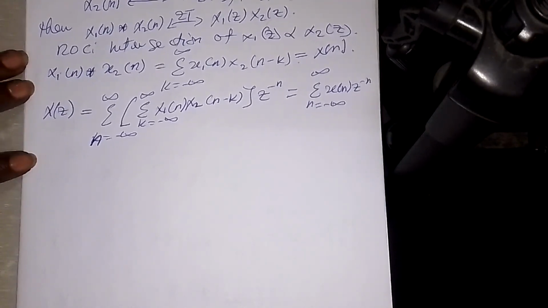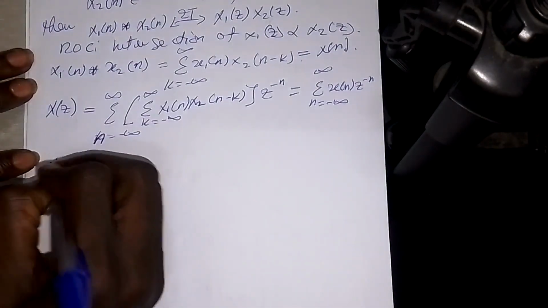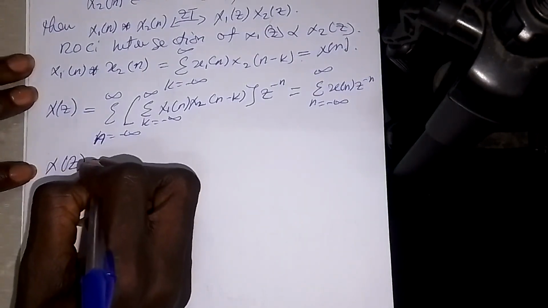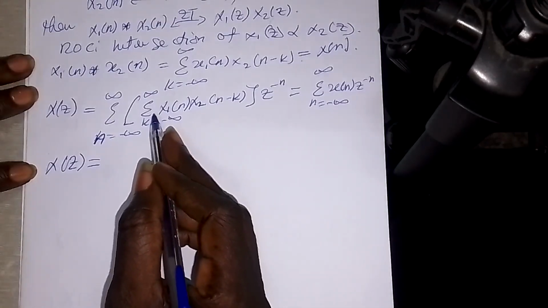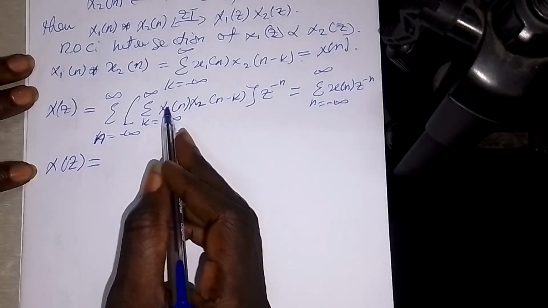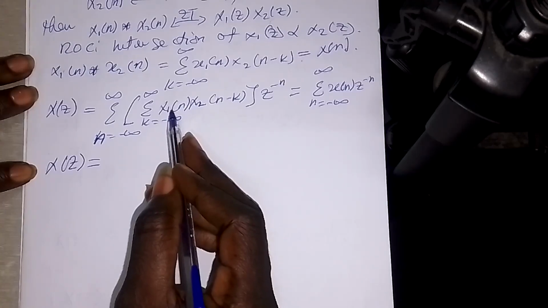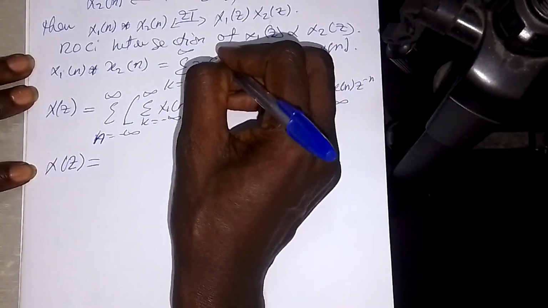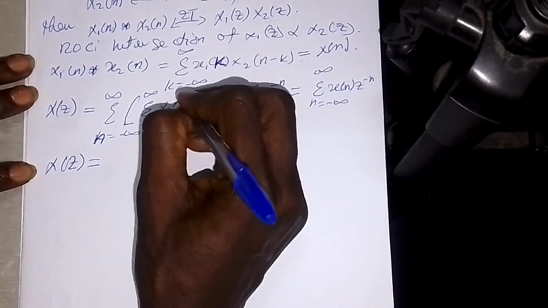Okay, so now when you have done it this way, what you can now say is that your X of z is now equal to, if I should bring this one, x1 of k, sorry, x1 of k.